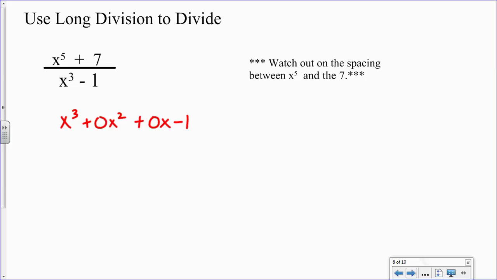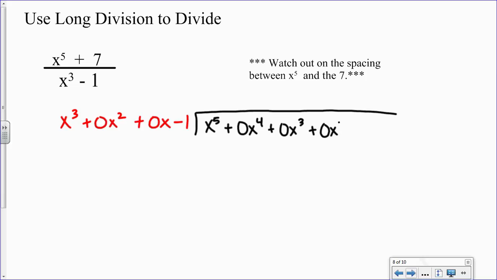Okay, then you have to do the same thing here. So I have x to the 5th. Now fill in the zeros that you're going to need for that. So I need a 0x to the 4th, a 0x to the 3rd, a 0x squared, a 0x, and then a minus 1.